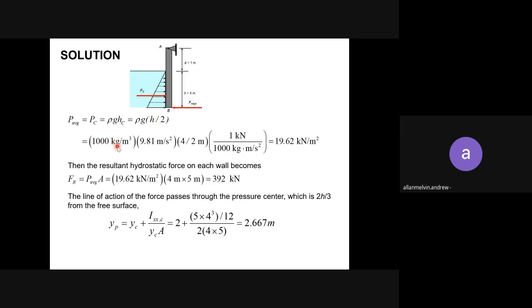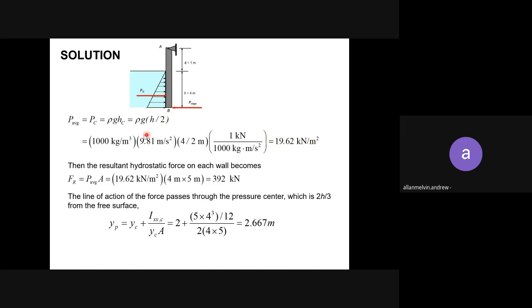So 1000 times 9.81 times H, which is 4 divided by 2. This is your unit conversion. You solve this, you get 19.62 kilonewton per meter square.